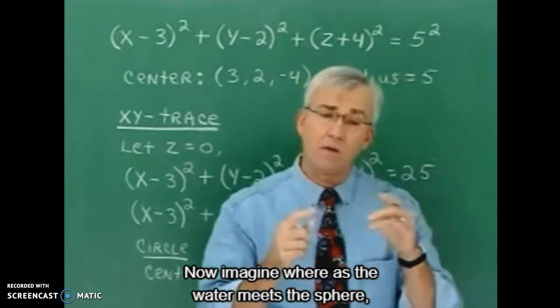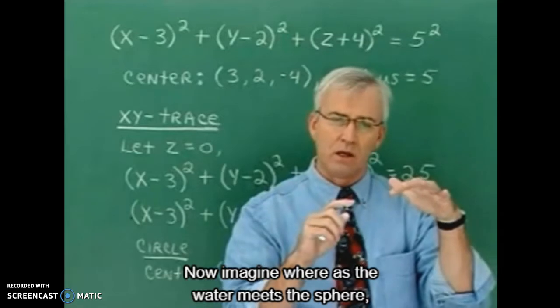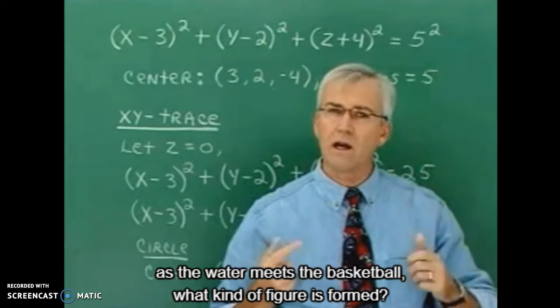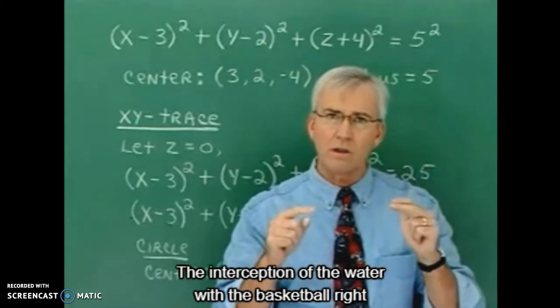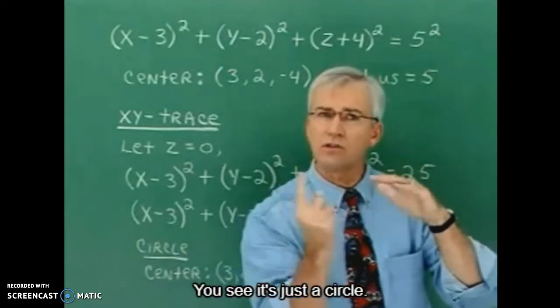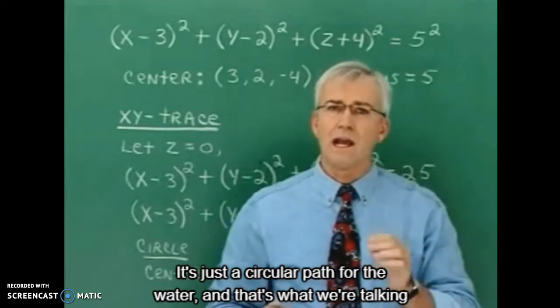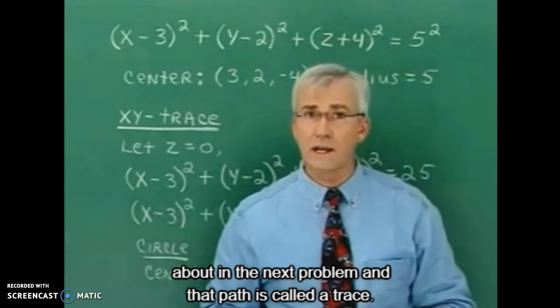Now imagine, as the water meets the sphere, as the water meets the basketball, what kind of figure is formed? The intersection of the water with the basketball right at the surface of the water. You see, it's just a circle. It's just a circular path for the water. And that's what we're talking about in the next problem. And that path is called the trace.